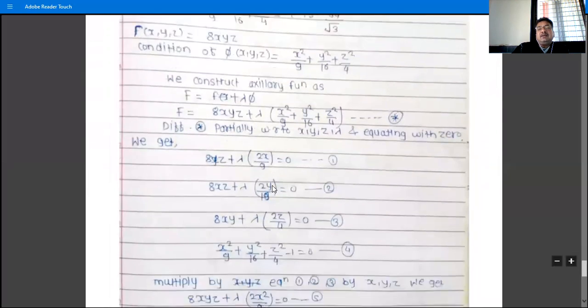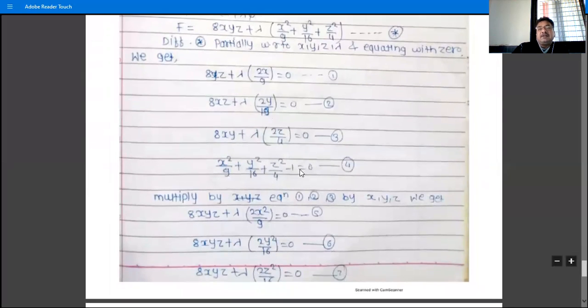But if it is not possible to find the values of x, y, z from equations 1, 2, 3 free from each other, then we can apply the second method. In this example, if you find the value of y or z from equation 1, it is not free from x, y, z.